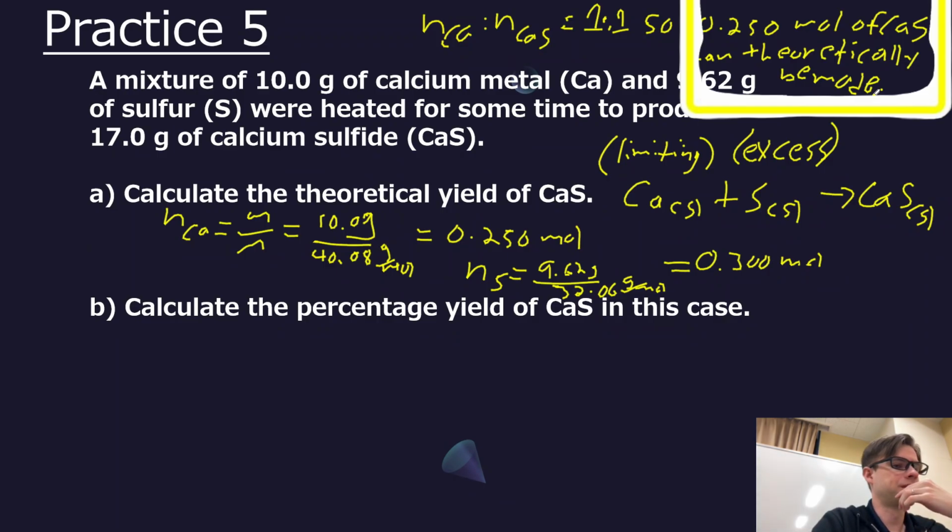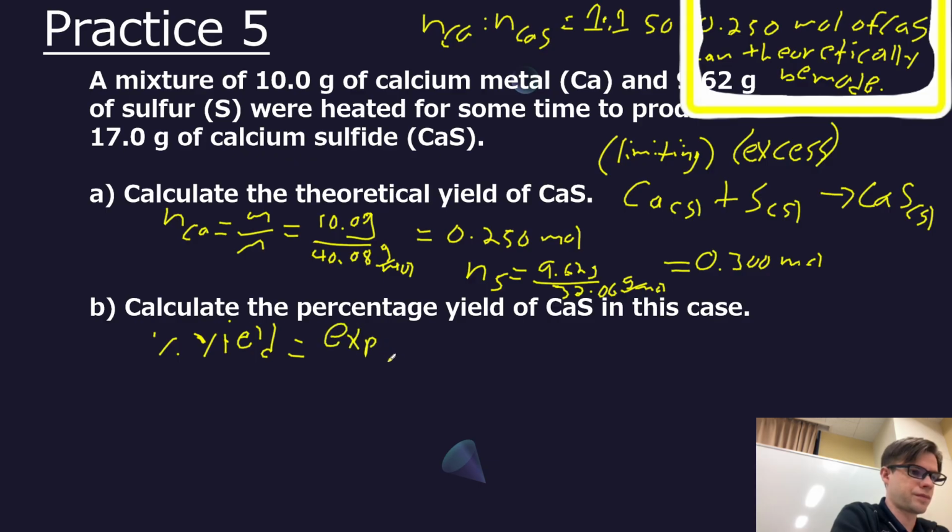Now, calculate the percentage yield of CaS in this case. So percent yield, from my previous slide, is equal to experimental yield over theoretical yield times 100%.